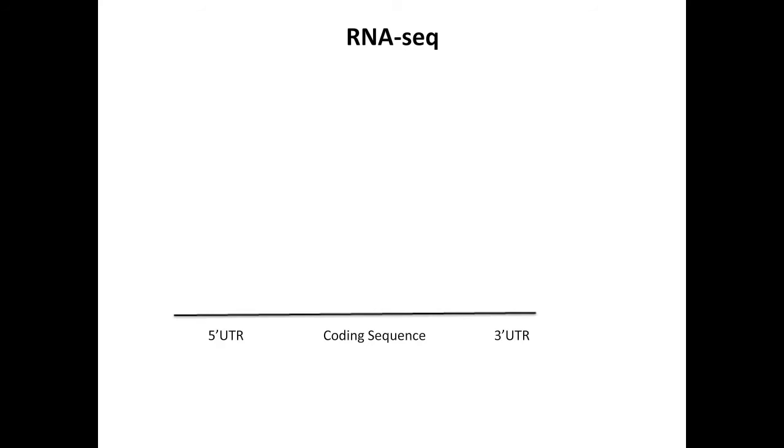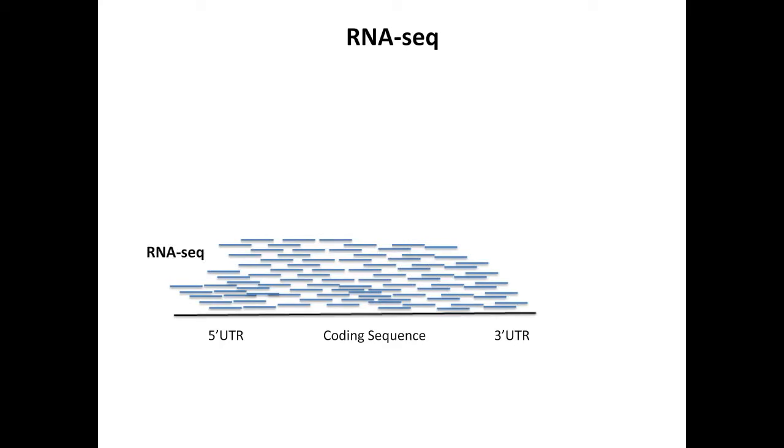So when we are talking about RNA-seq, in RNA-seq, we basically sequence all the transcripts produced from the gene. So full transcript. The goal is to sequence a transcript, and it is basically taking everything and sequencing the transcripts.